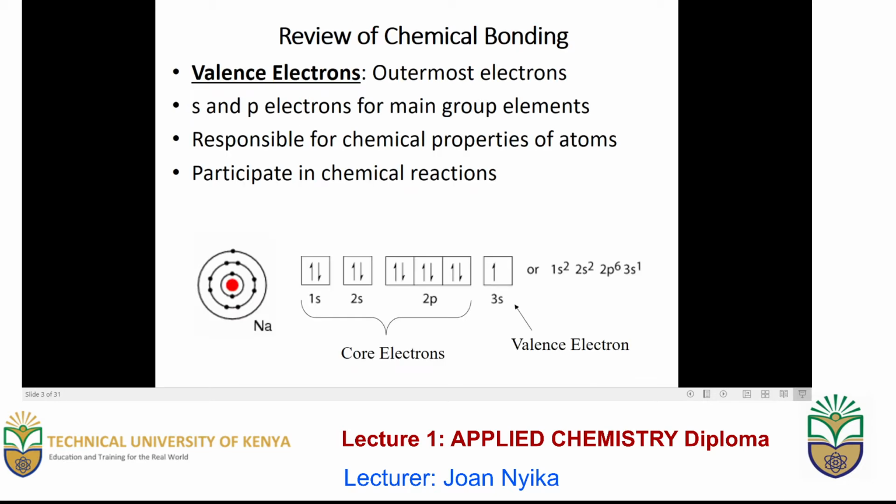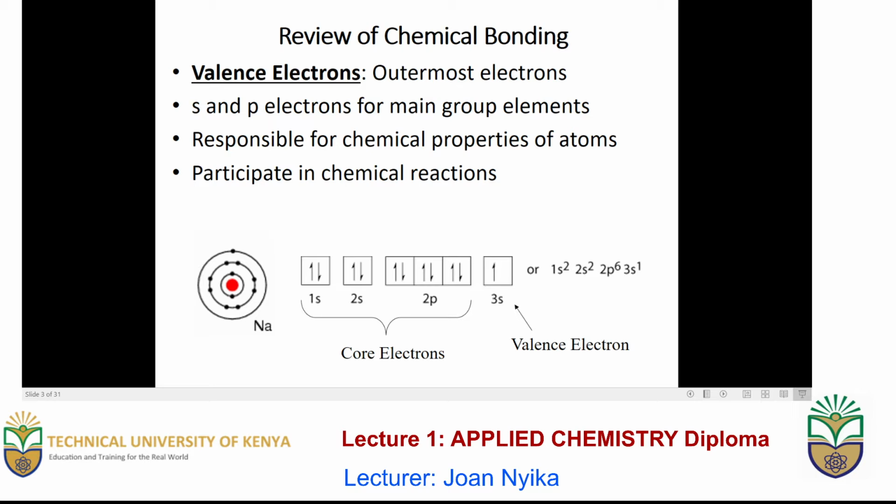When we look at chemical bonding, what is involved in a chemical bonding process are valence electrons. Valence electrons are the electrons that are found in the outermost shell of any atom or any element. These usually include the s and p electrons of the main group of elements we discussed when we were looking at the periodic table.